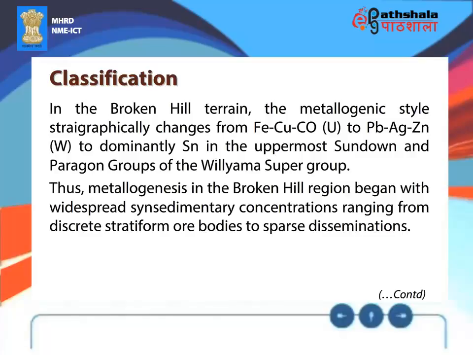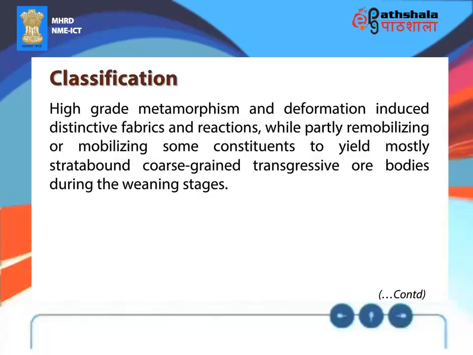Thus, metallogenesis in the Broken Hill region began with widespread sedimentary concentrations ranging from discrete stratiform ore bodies to sparse disseminations. High-grade metamorphism and deformation induced distinctive fabrics and reactions while partly remobilizing or mobilizing some constituents to yield mostly strata-bound, coarse-grained, transgressive ore bodies during the waning stages.